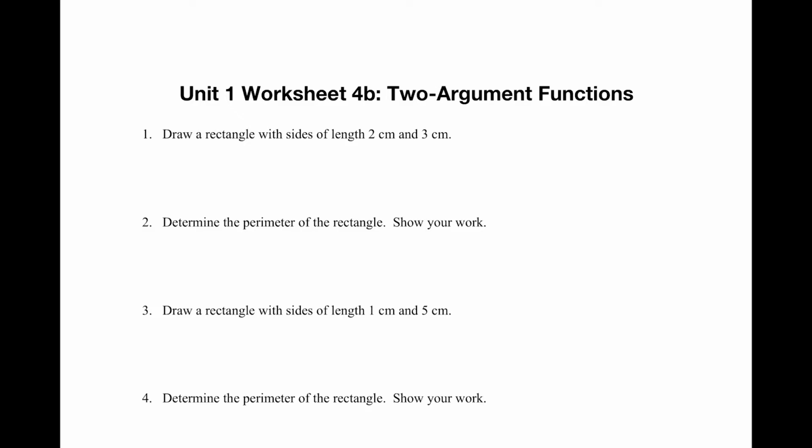All right, so this is Unit 1, Worksheet 4B, 2 argument functions. If you remember, circle had 3 arguments, right? That came with size, whether or not it's solid or outline, and the last one was color. So circle was 3 arguments.